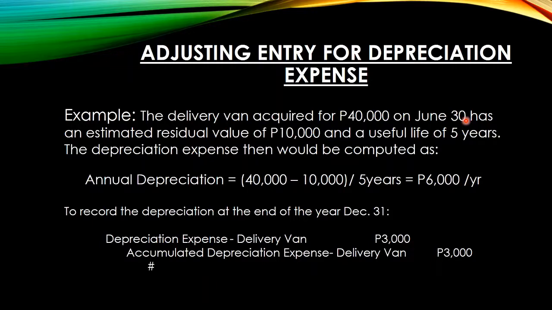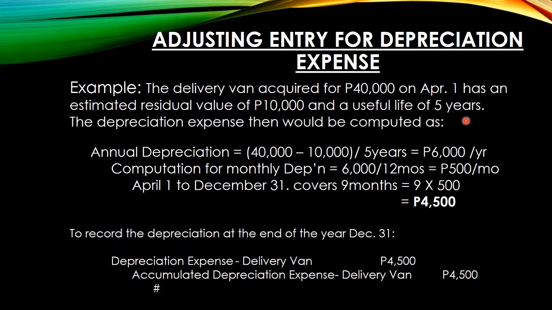That's why we started counting in July. Unlike April 1, which is the starting date of April, so we would still count April as part of the usage of that particular fixed asset.